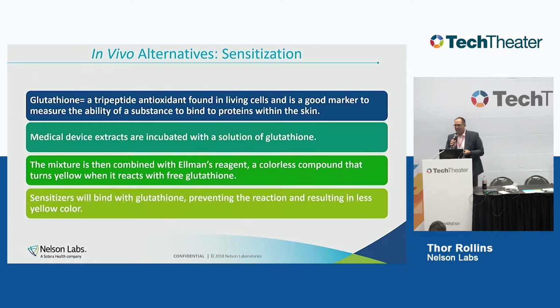What this means is that we can detect if glutathione is present with this Elements reagent because it turns color. So if Elements reagent binds with glutathione, it turns a color. The more color it turns, the fewer sensitizers are there, because that glutathione's free to bind with Elements reagent.